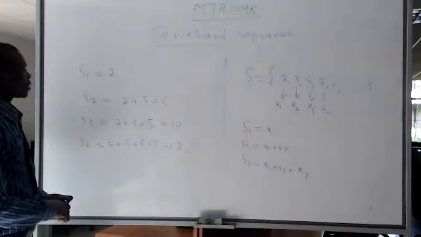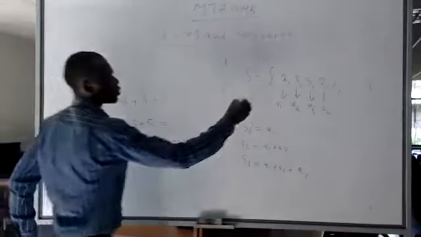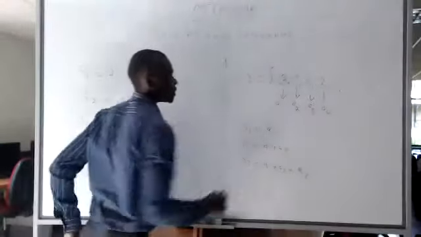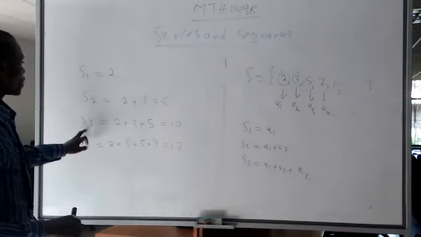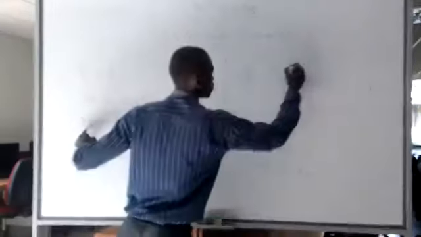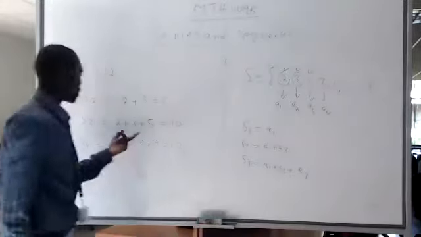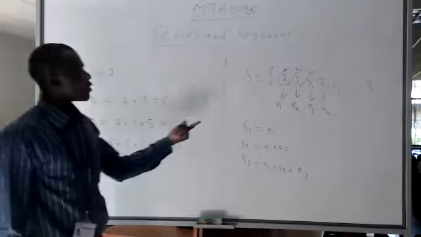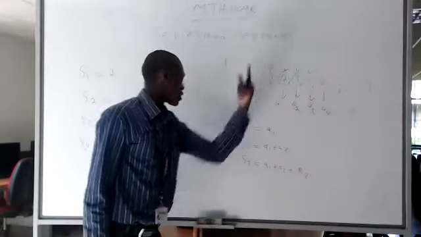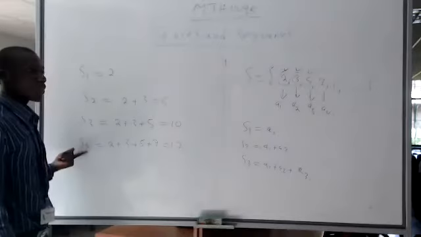So I got 5. I took 2 plus 3, 2 being the first term, 3 being the second term. For S3, I took 2, 3, and 5 and added them to give me the sum of the first 3 terms. For S4, I took the first 4 terms, 2, 3, 5, and 7, and got the sum of the first 4 terms.